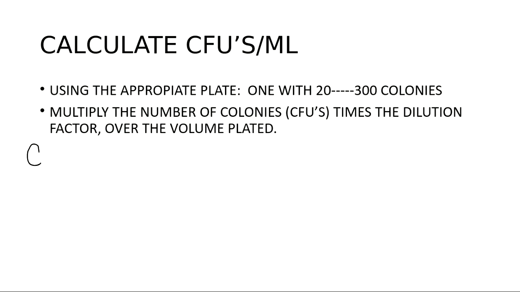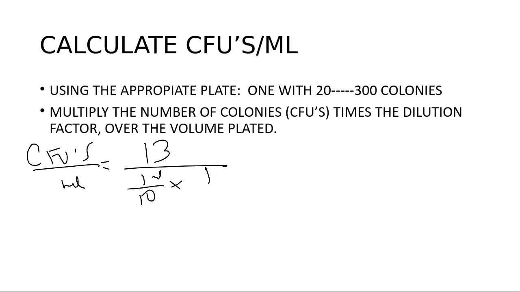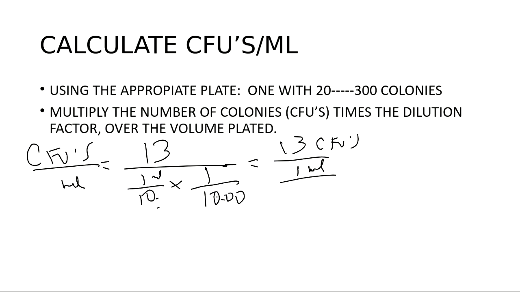So CFUs per mil, 13 over, that's the volume plated, times the dilution. Now they just need to be multiplied by each other, these two fractions down here, and that will give us mils, and these are CFUs. 10,000.